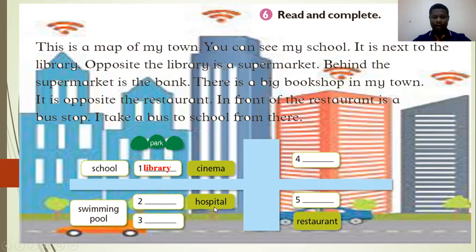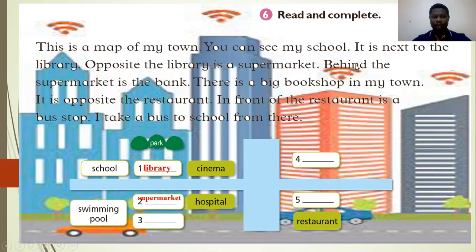Okay, so we have the cinema, and next we have the swimming pool and hospital. It says you can see a school next to the library. Opposite the library is a supermarket. So this is the library, and opposite the library is a supermarket.